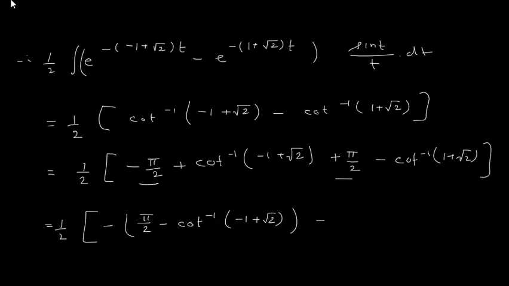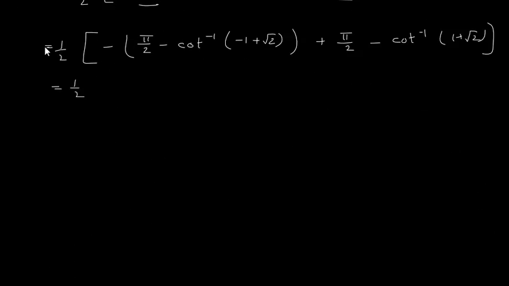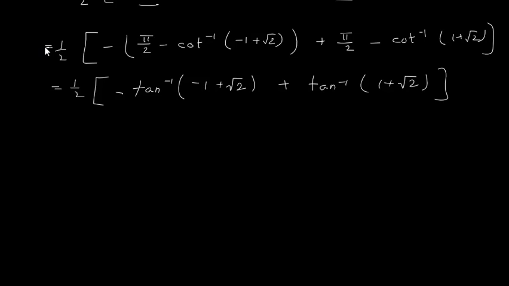Then here it is plus pi by 2 minus cot inverse 1 plus root 2. Now pi by 2 minus cot inverse is tan inverse, so it will become tan inverse minus 1 plus root 2 plus here it is tan inverse 1 plus root 2.